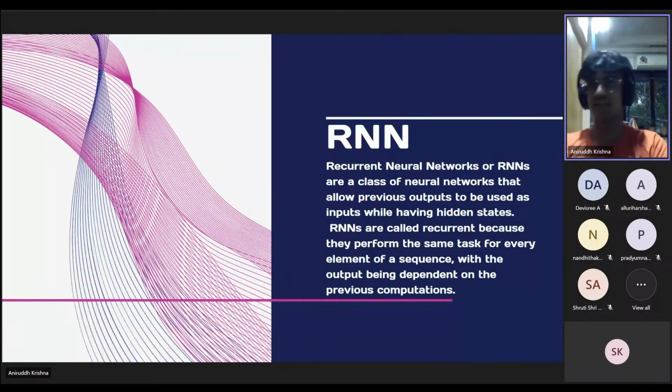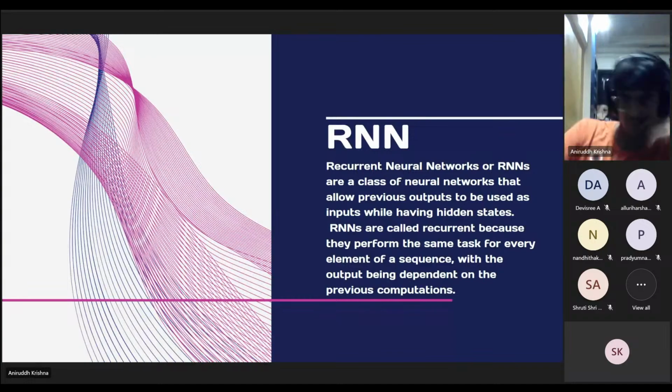It also takes into account what previous information we have already stored. Not every single input that it takes is independent of each other. This helps it make sense of a sequence. When we give it information in a sequence, it is able to capture the relationship between the different inputs.